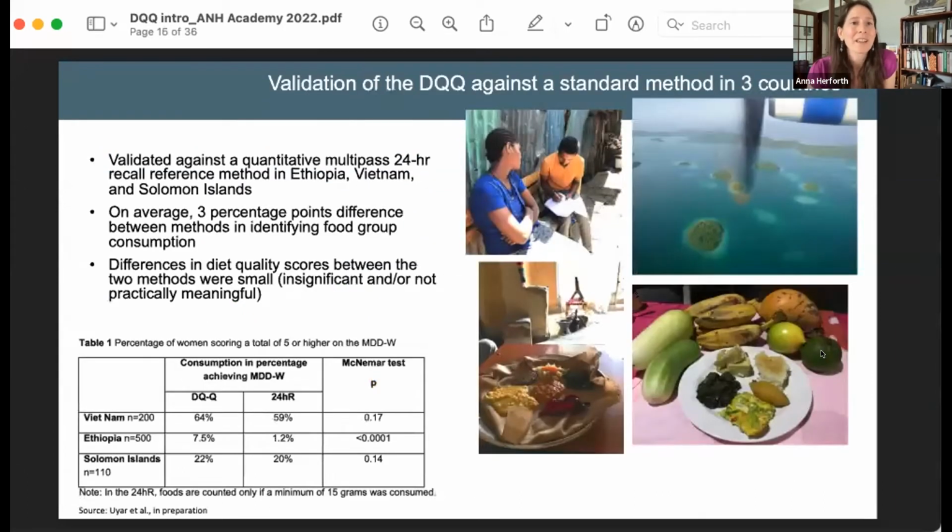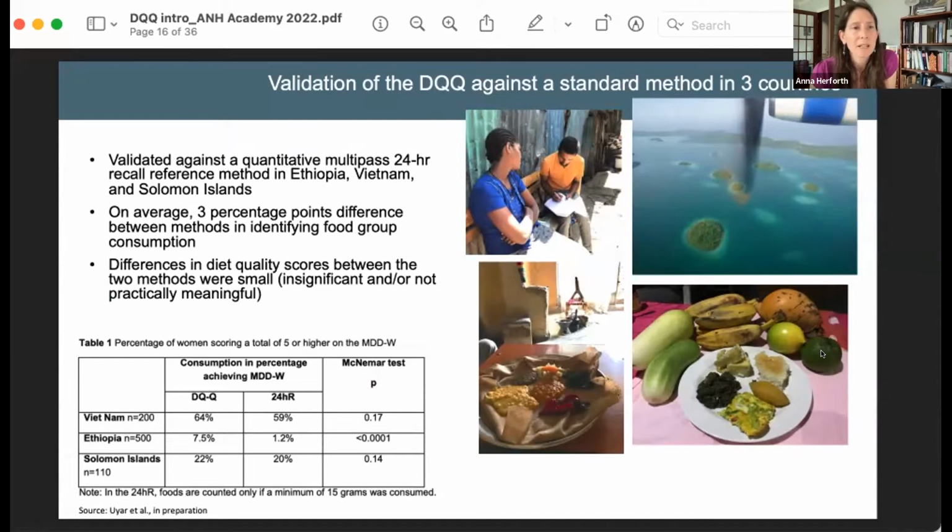We also have done a validation study in 3 countries. This is part of Betul's PhD work. She's not here today, but she's doing her PhD at Wageningen and leading the study. And Chris Williano's PhD work from Solomon Islands also fed into this. We implemented the DQQ followed by a detailed 24-hour recall to compare how people report food group consumption.